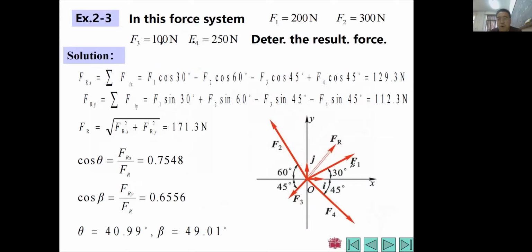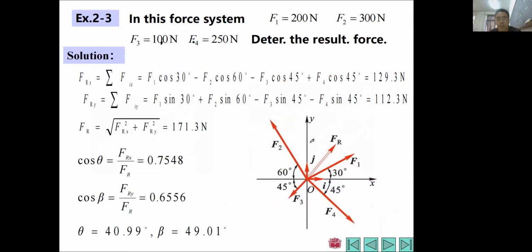We have 4 forces here, whose magnitudes are known, F1, F2, F3, F4, and also their orientations. Every force in this coordinate system has a known angle with one of the axes, maybe the x-axis, maybe the y-axis.